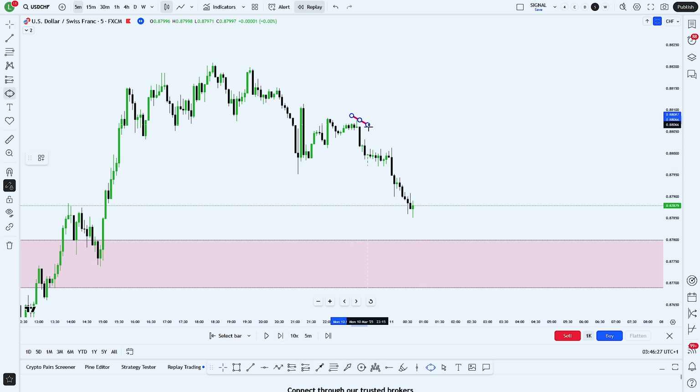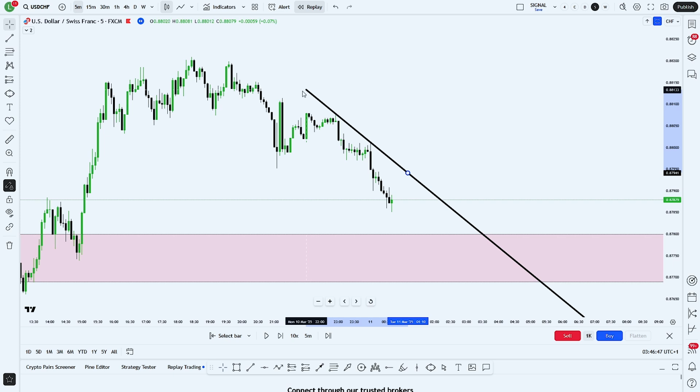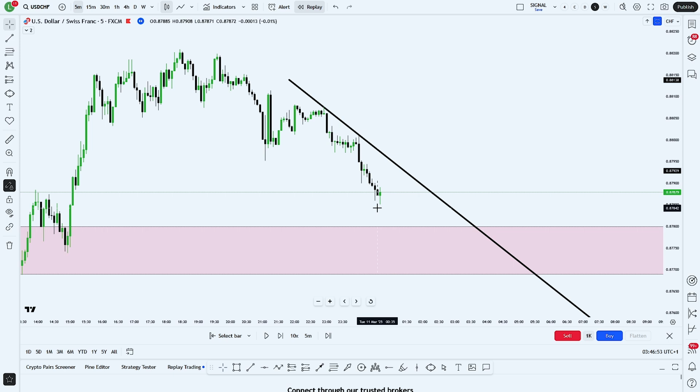We have a valid point around this zone here and also a valid point around this zone that we can use to establish our downtrend line. The purpose of this downtrend line is for us to take proper entry so that we will not enter the wrong trade at the wrong time or the right trade at the wrong time.